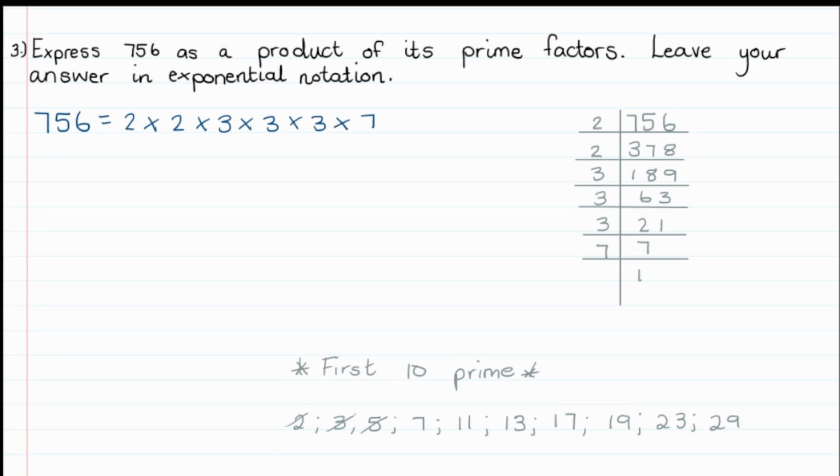But I need to leave this in exponential notation. So I have 2 number 2s, 3 number 3s, and 1 7, and I need to multiply them together. Altogether, I would read this answer as 2 squared times 3 cubed times 7. And this concludes our lesson on exponents.